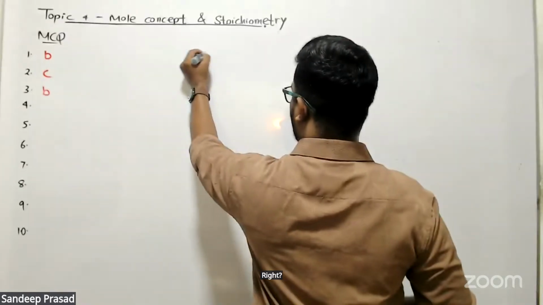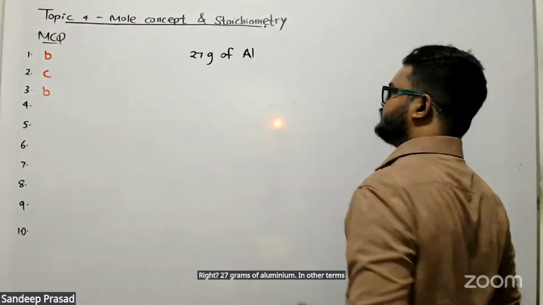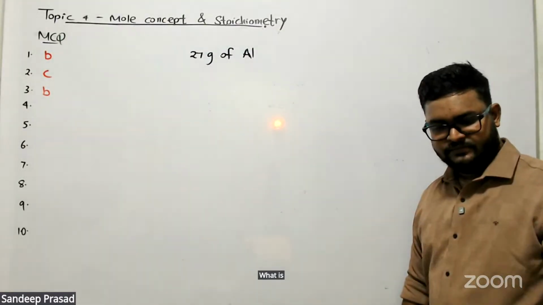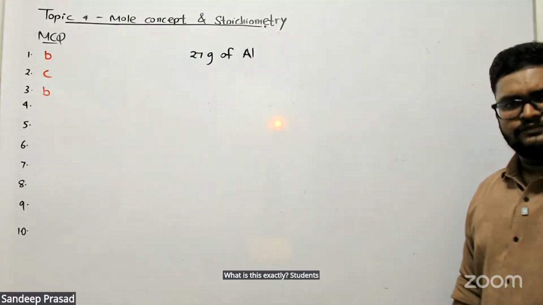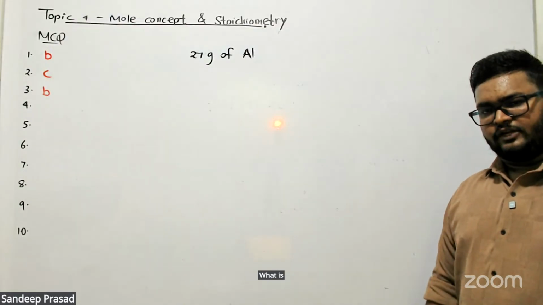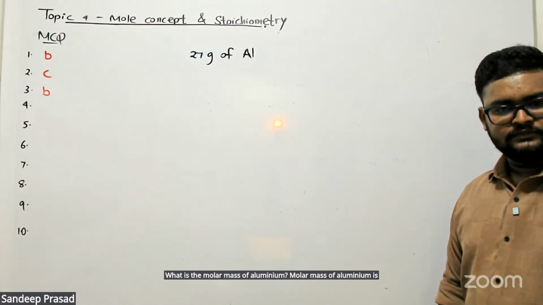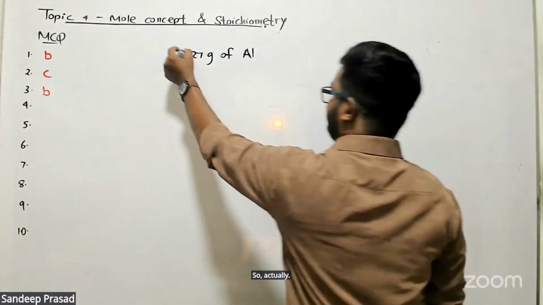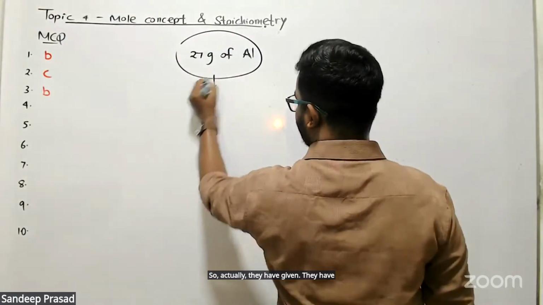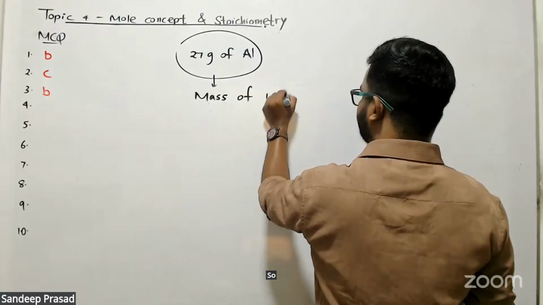In other terms, what is this exactly? Students, what is the molar mass of aluminium? Molar mass of aluminium is 27. So actually they have given the mass of 1 mole.